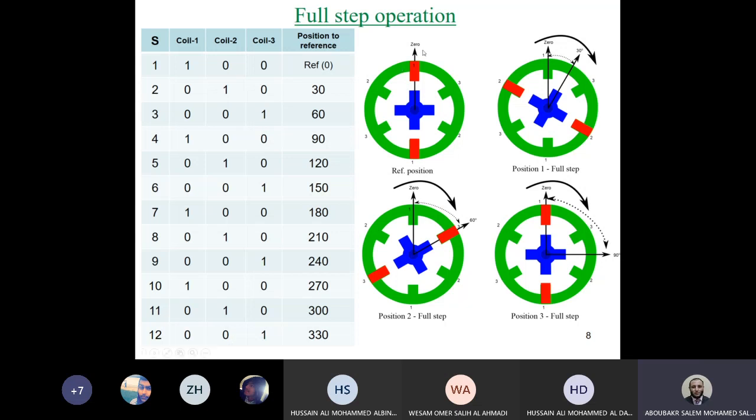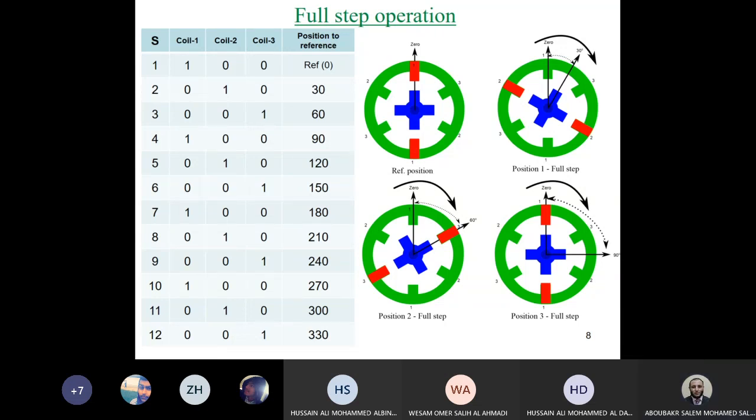And when we energize this coil, the flux will start moving from the top to bottom. Assume this one is N and the bottom is S. So the flux is going to move from up to down.